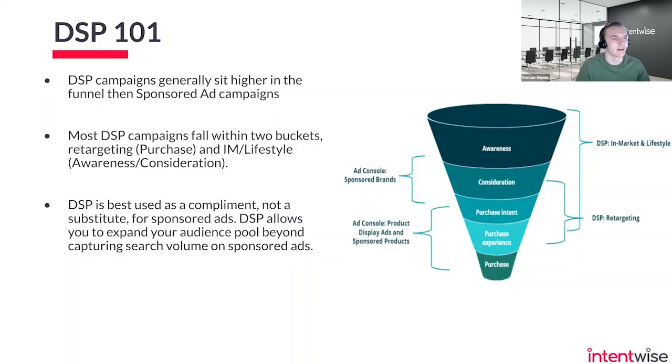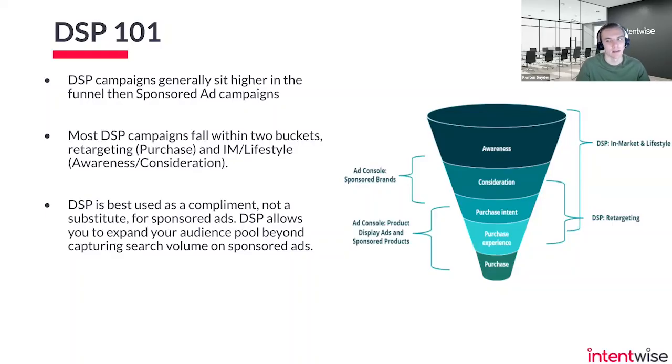Totally. So yeah, I think DSP can be broken down into two separate segments. The first of which being on the retargeting side, which I'm sure a lot of you are familiar with, retargeting people who have already viewed your brand. And a lot of that's going to fall down on that purchase side of things or that loyalty side of things. It's going to be where you see a lot more of the ROAS or ACoS targets come into play. But I think even more importantly are some of those upper funnel campaigns when you're working with in-market audiences or lifestyle audiences.